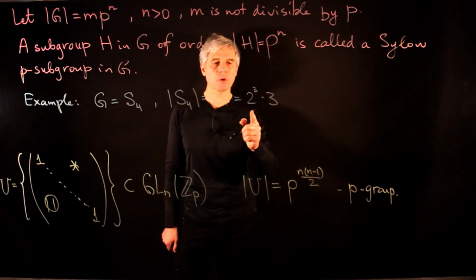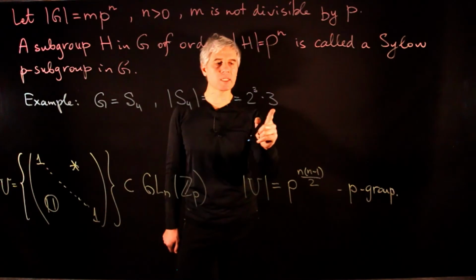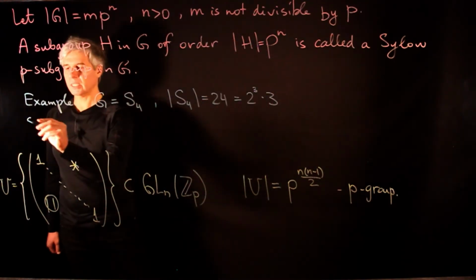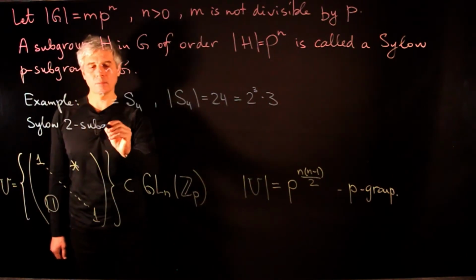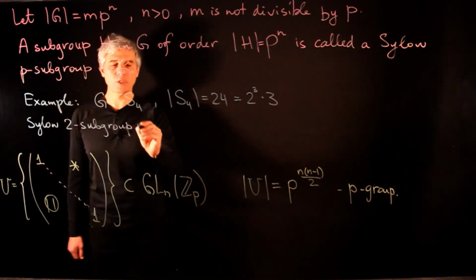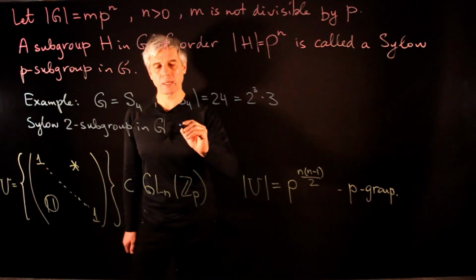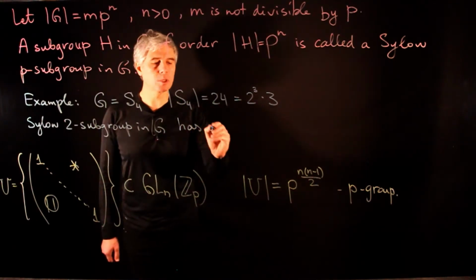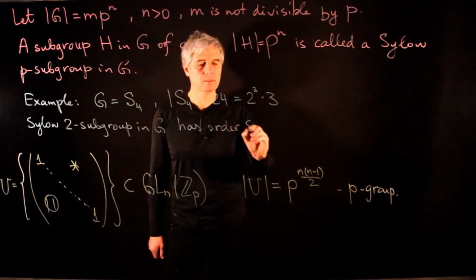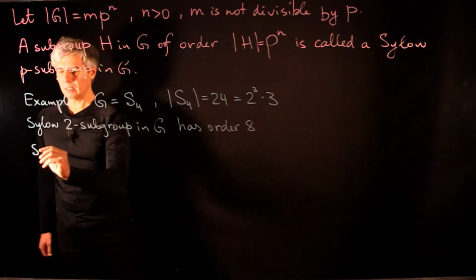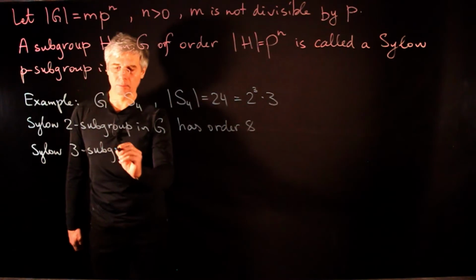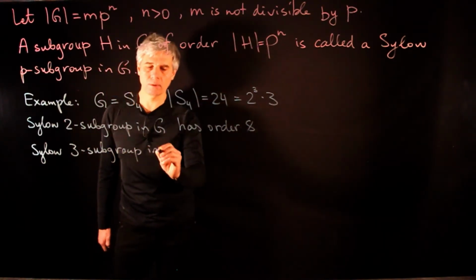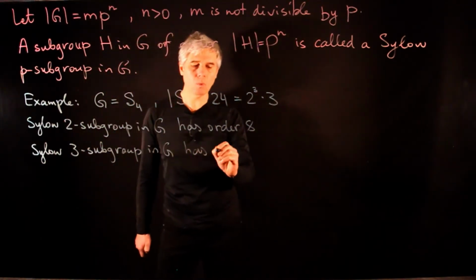So it makes sense to talk about Sylow 2-subgroups and Sylow 3-subgroups. A Sylow 2-subgroup in G has order 8, and a Sylow 3-subgroup in G has order 3.